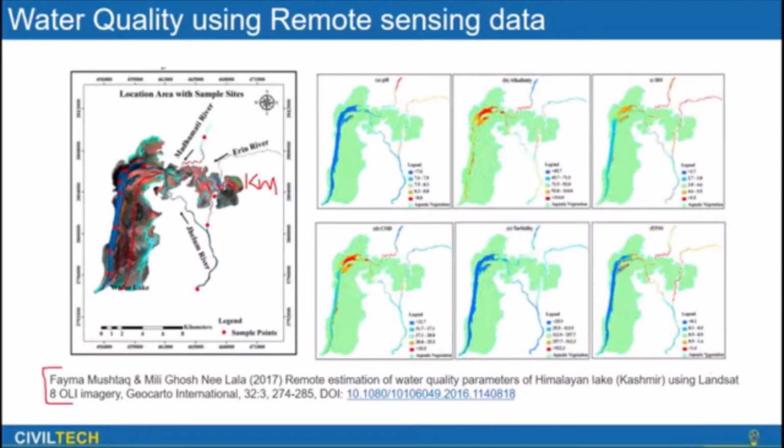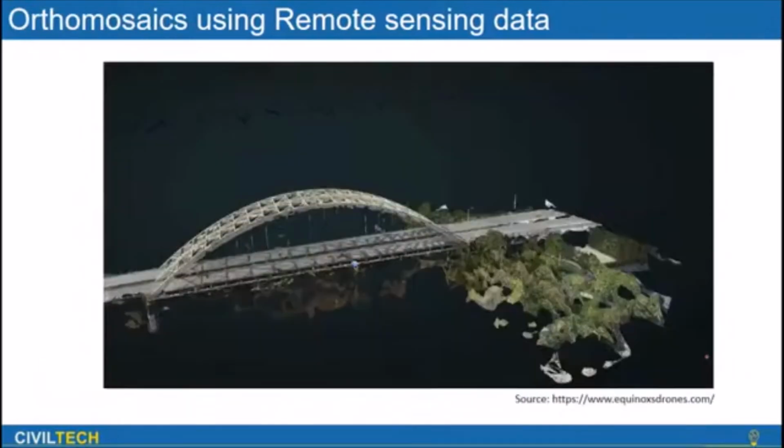We can use satellite images to find out how the water quality has drastically changed over the years. You just have to know which satellite image, which tool, and what algorithm has to be used, and how to finally draw the output. Just a few key things are required in order to carry out this kind of study.